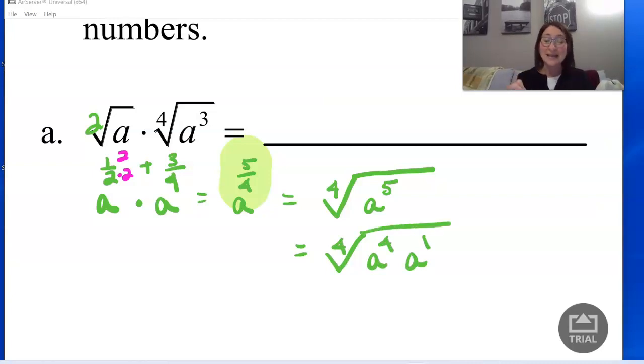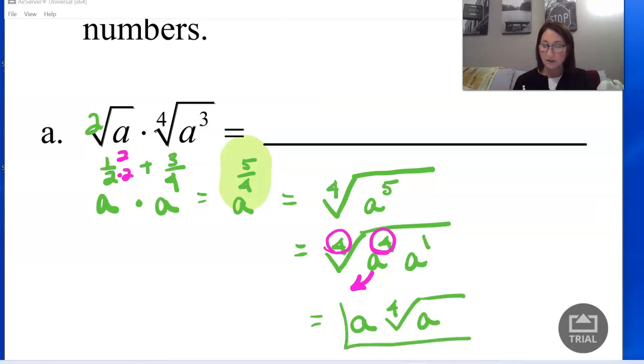So I can see here that my exponent and my index match, and so I can pull out a root. So this is going to be equal to a, that's my root, and then the 4th root of a to the 1st. I don't have to put that a to the 1st. There we go. That's now my answer. That's how I multiplied those.